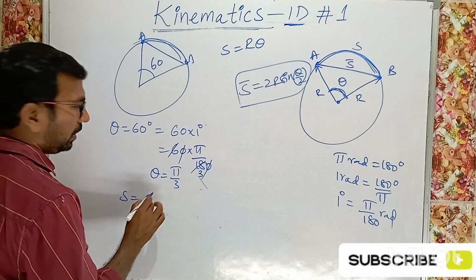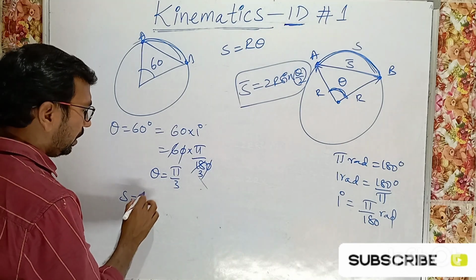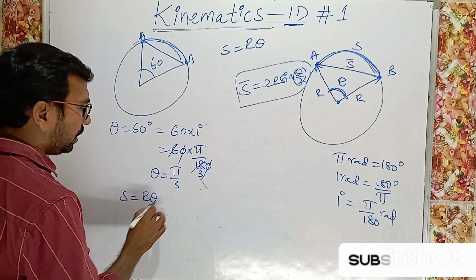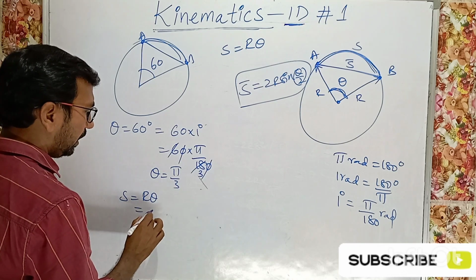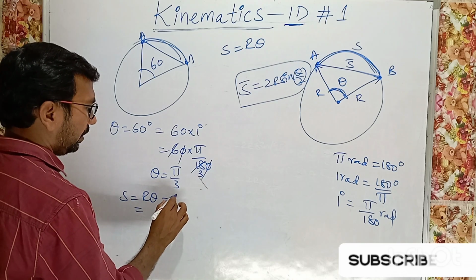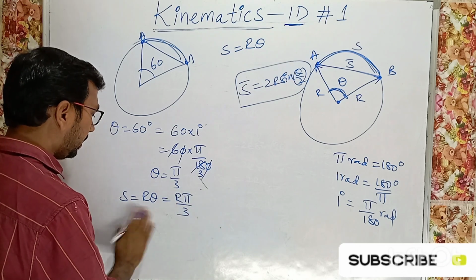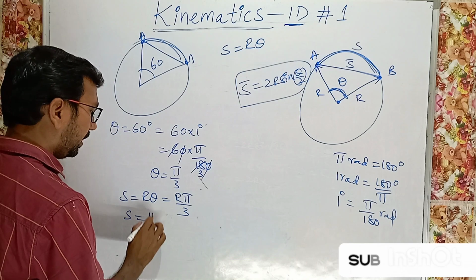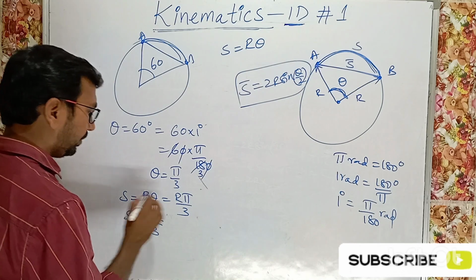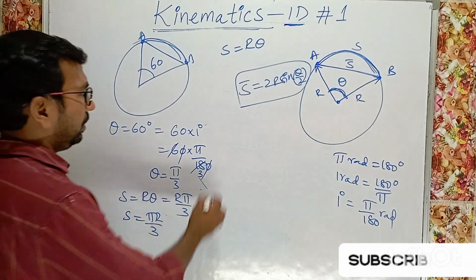So you can find out distance here. Distance S is equal to R theta. So theta is equal to pi by 3. So you can write R pi by 3. So distance is equal to pi R by 3. Similarly, you can find out displacement.